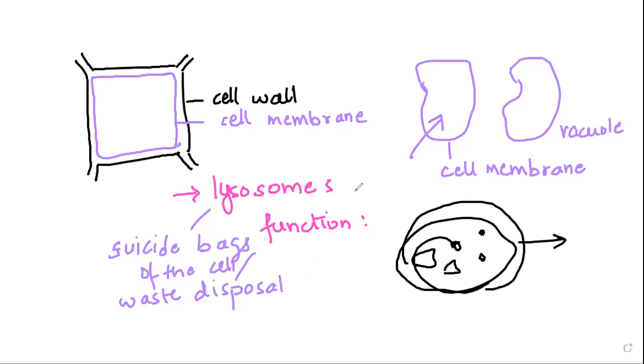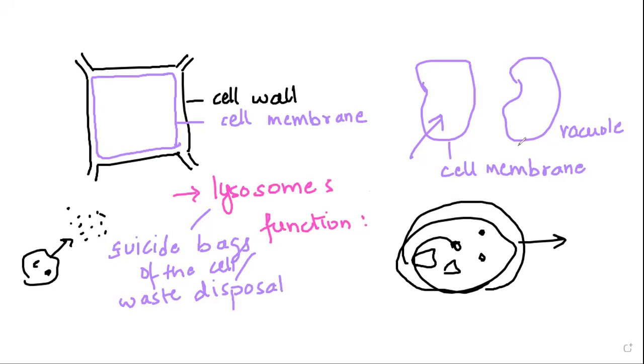Similar function, but this does that job inside the cell. So lysosomes contain enzymes which help in breaking down the waste products or harmful products in the cell. That's why they are called the suicide bags: when they encounter something harmful, they break open, release all these enzymes, and destroy everything around them.